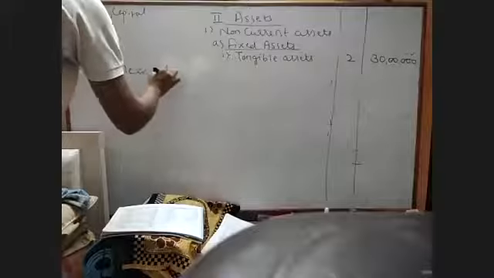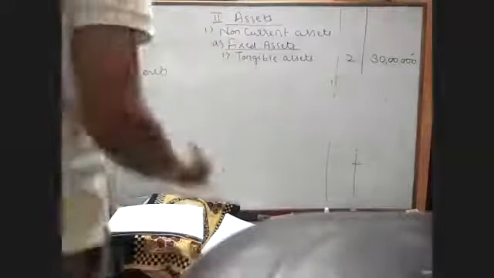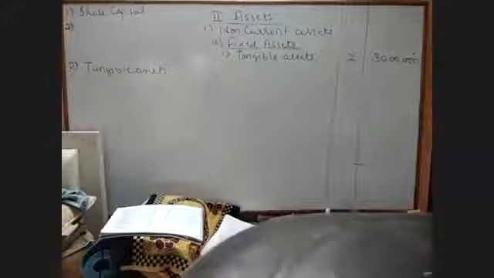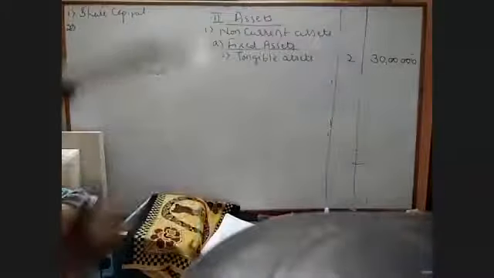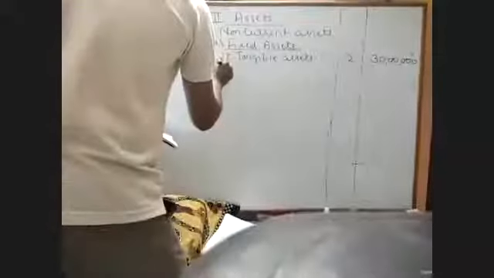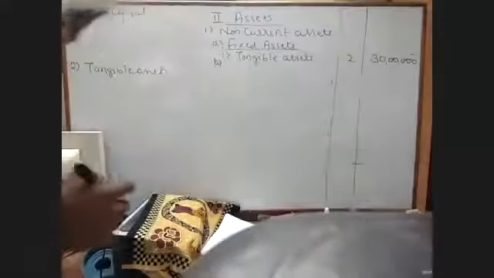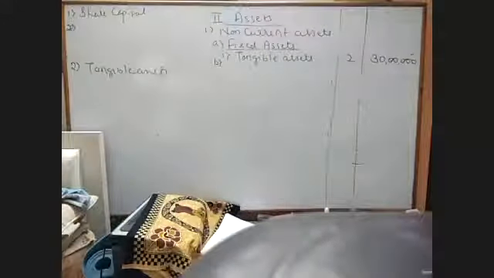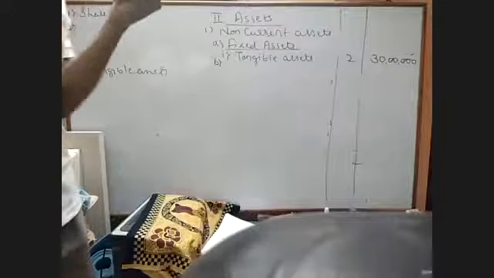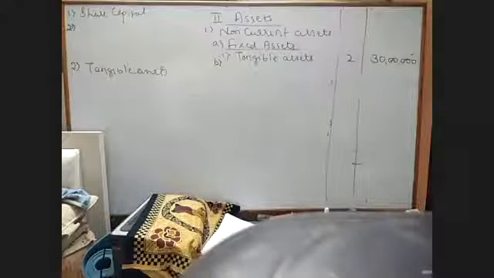You can name it as tangible assets. Next is, are there any intangible assets? No, sir. Then we can go for B. Can you tell me what can be B? There are no items.